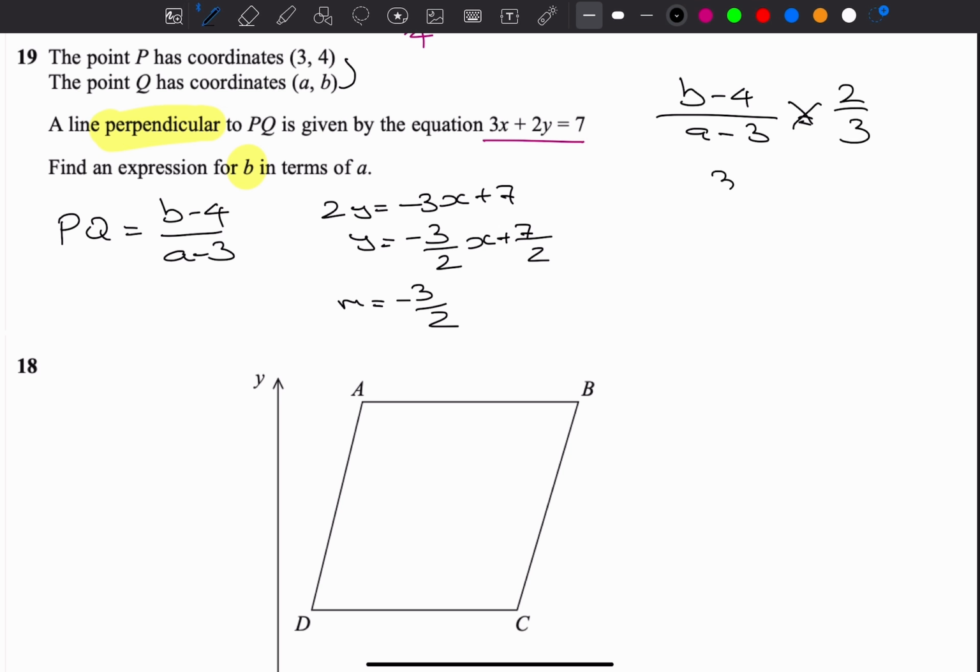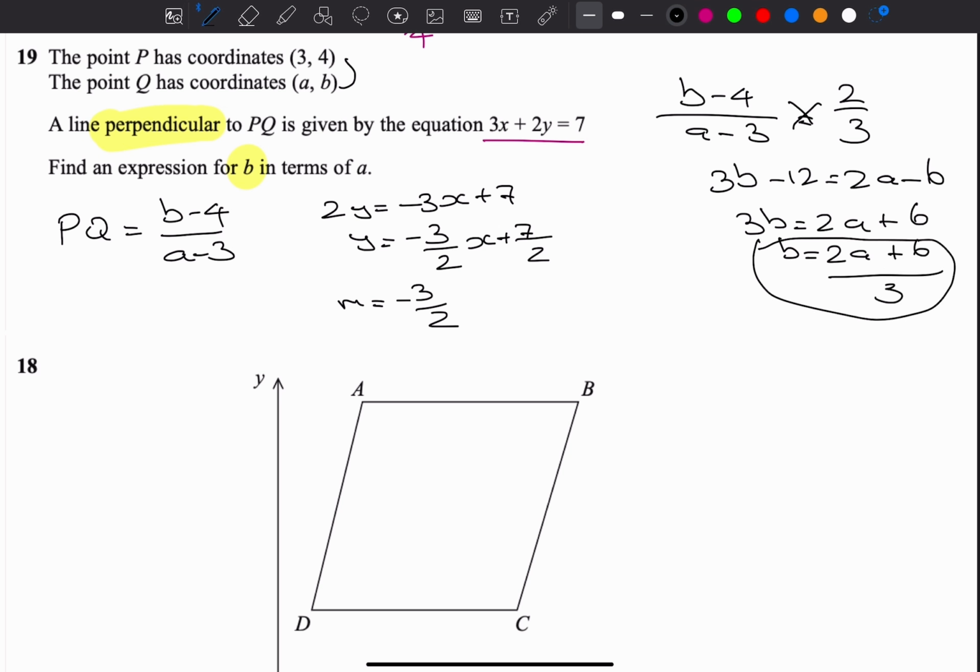Cross multiply, 3b minus 12 equals 2a minus 6. Make b the subject, so 3b equals 2a plus 12 minus 6, so plus 6. B is 2a plus 6 all over 3. That's the answer. Okay.